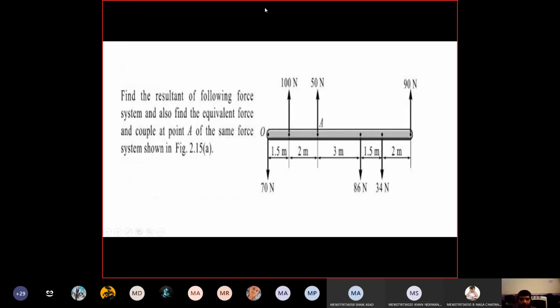Omar, tell me, which type of force system is it? First of all, identify the given force system. I shared those notes, I insisted you people solve the problems. See, if you do not practice, this is the case.